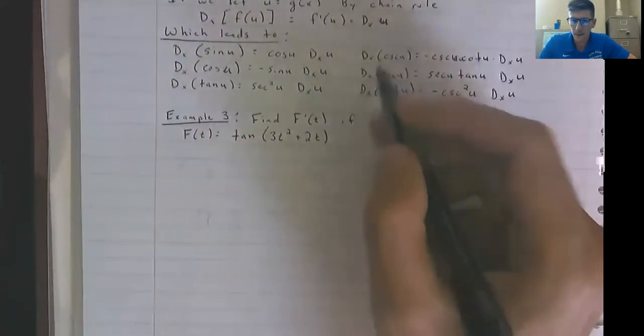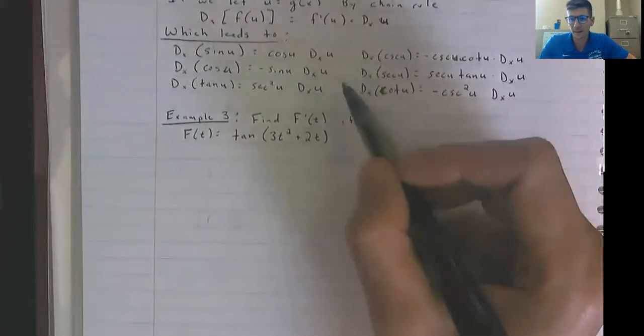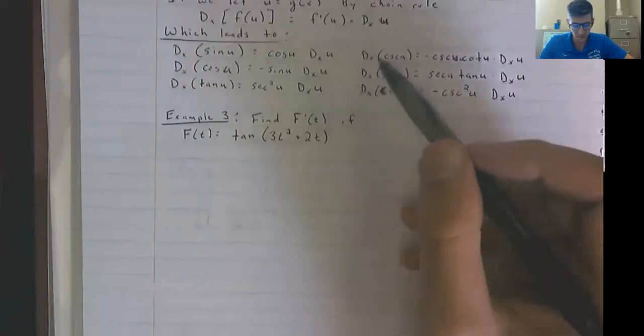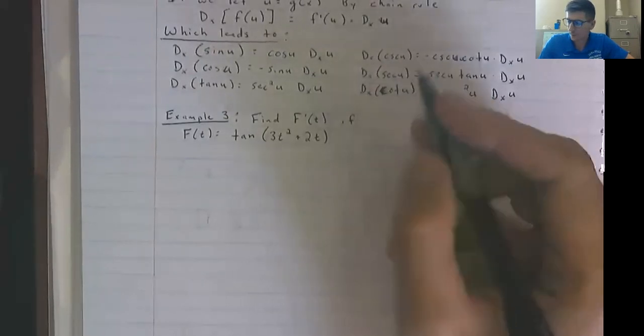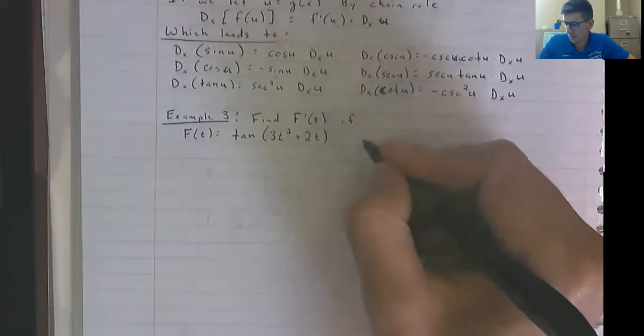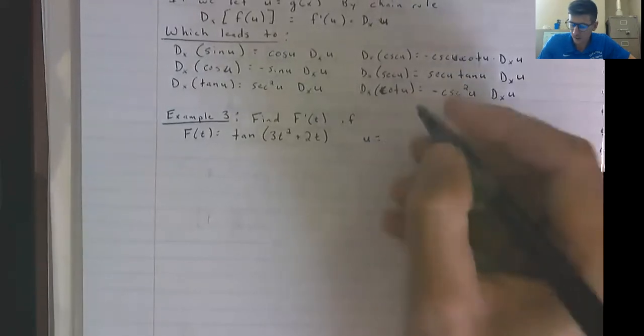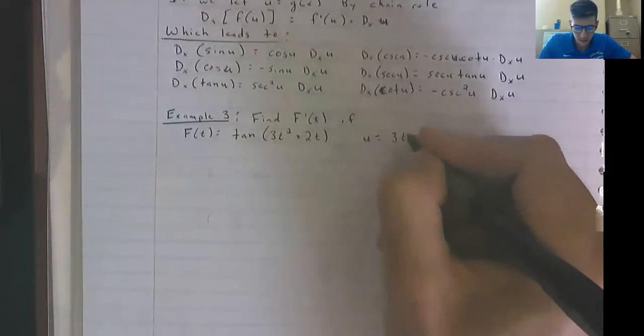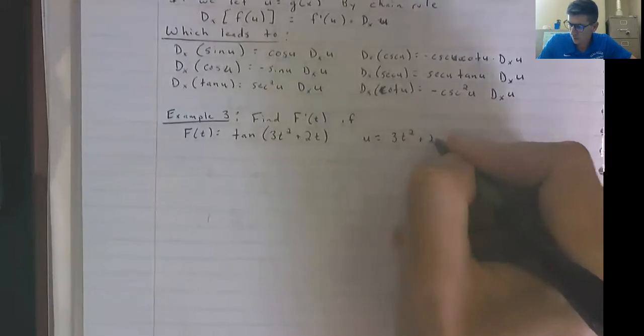And if we want to be formatting it like this, and we don't have to, eventually I'm going to expect you to be able to do this without explicitly defining this, but what's going on here is that u is this function 3t squared plus 2t.